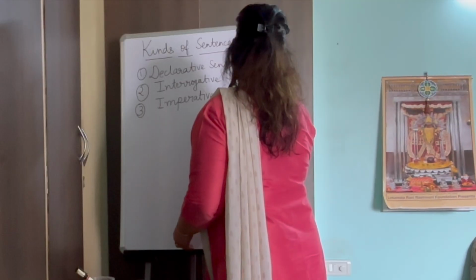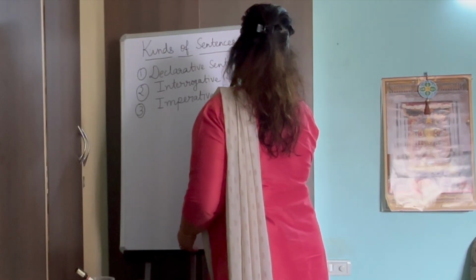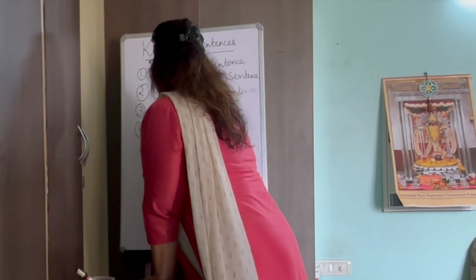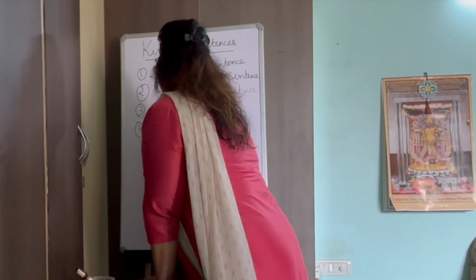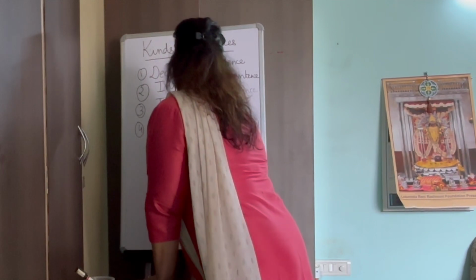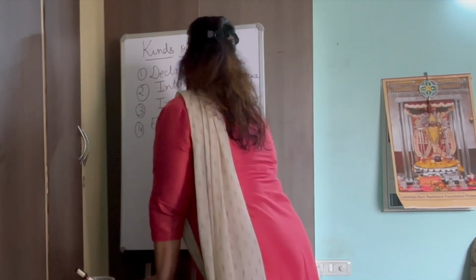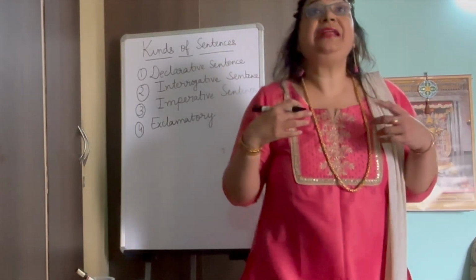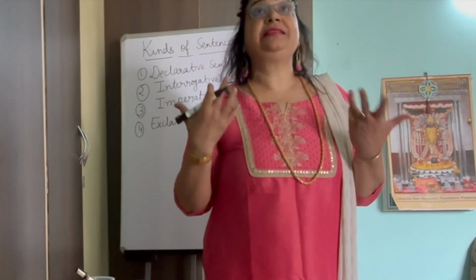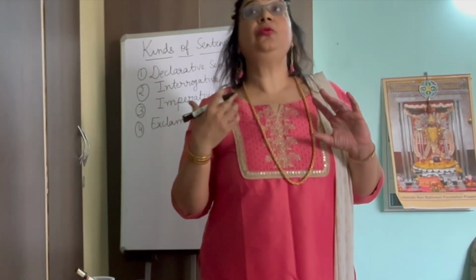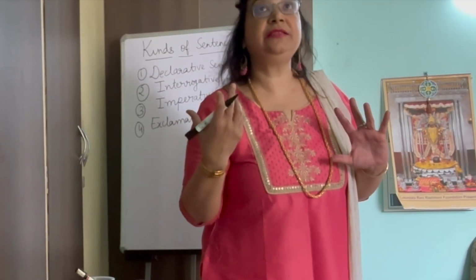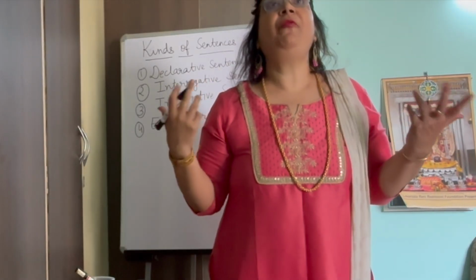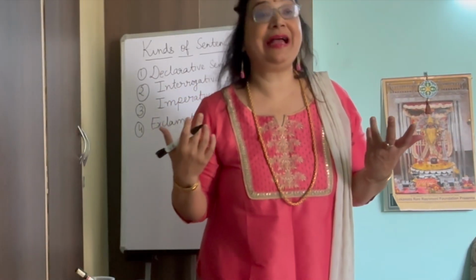And the last one is exclamatory sentence. Exclamatory sentence ends with an exclamation mark. These sentences are used when you express sudden emotion, when someone is hurt, when you are happy, you say, "Wow, we have won the match."